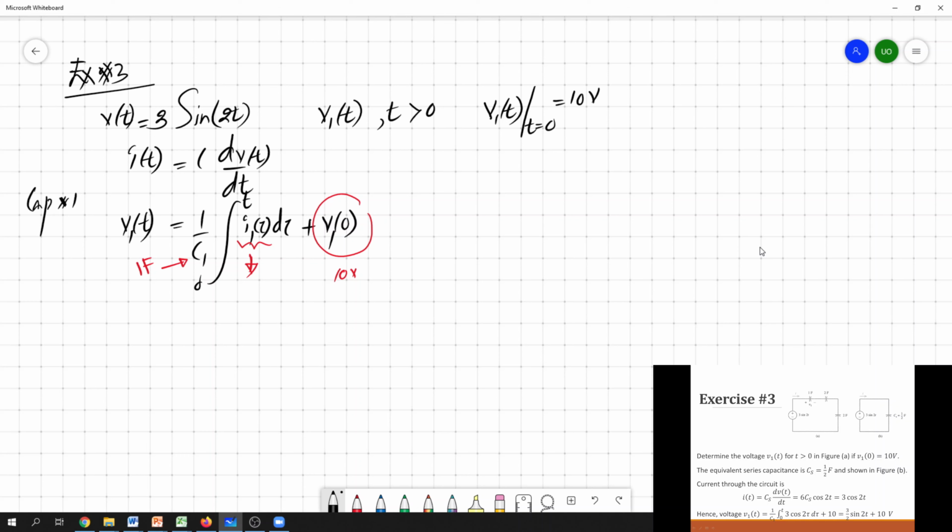The equivalent capacitance is 1 over C equivalent equals 1 over 1 plus 1 over 2 plus 1 over 2.